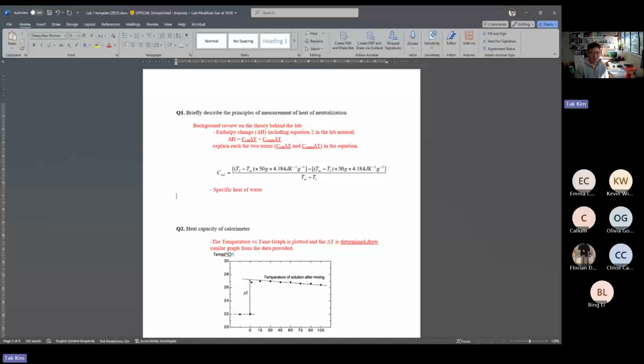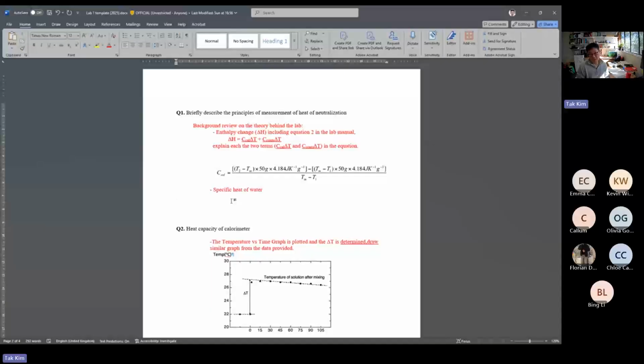I mean, the principle is already in the equation. I'm not exactly sure what kind of measurement we are talking about. It could be a measurement of heat or a measurement of delta H. If it's delta H, we are measuring the standard enthalpy changes of the reaction.